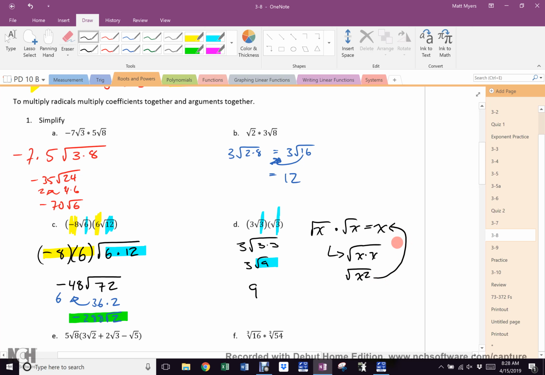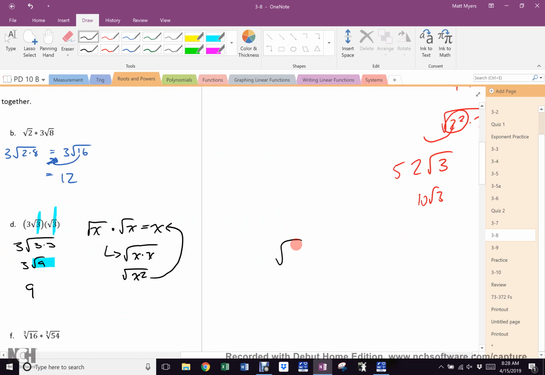Everybody understand? So what if I told you that I had the root of 29 and I needed to square it? What would the answer be? 29. Everybody cool? Okay. What if I had the cubed root of 29? What would I have to put there to get 29 there? A 3. I would have to cube the cube root of 29. Everybody cool? Everybody sees these patterns?